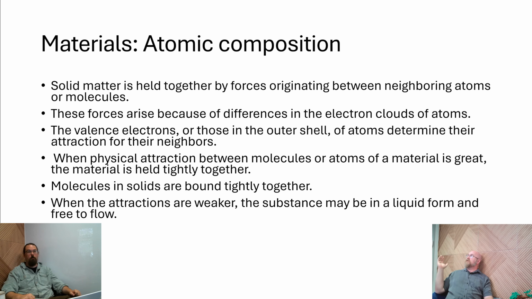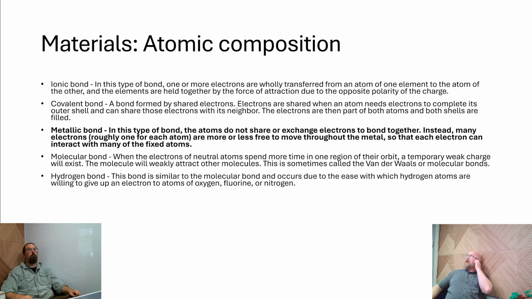If you hit the next slide here, we need to talk a little about different types of bonds. Ionic bonds: table salt is a good example of this, which is sodium chloride. Interestingly enough, two of the most reactive things on the periodic table come together and form one of the most stable substances that does not change, because they give up all their reactivity in that.